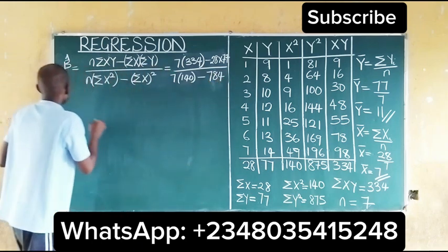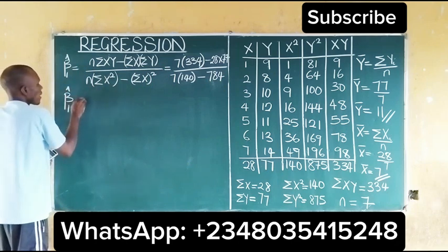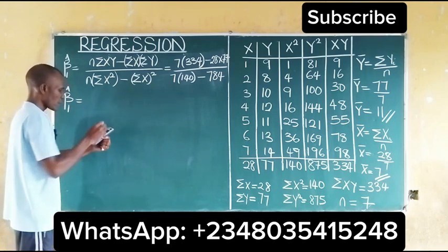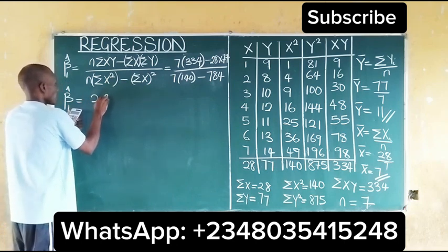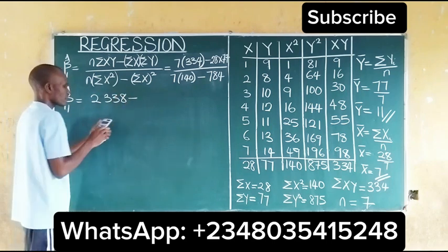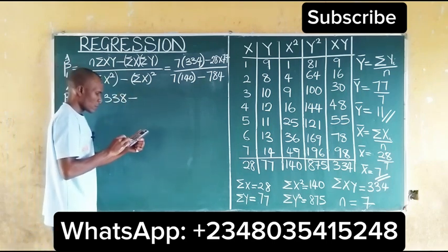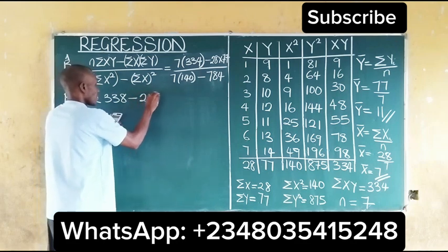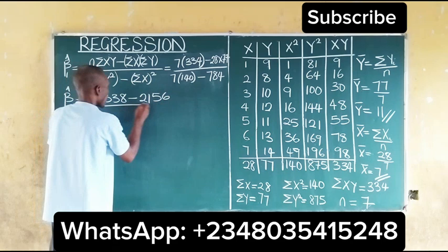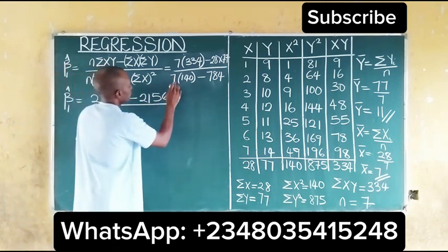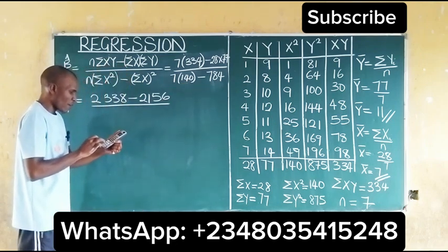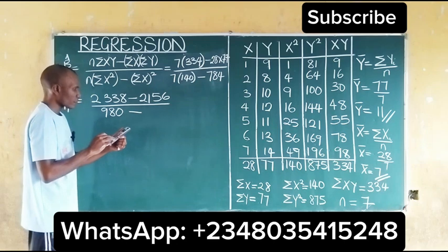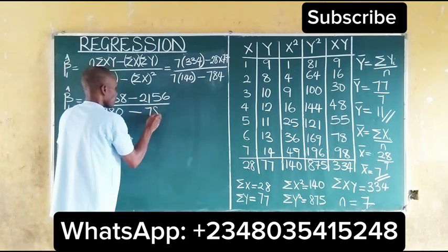So we have 784. That means that our B1 estimate will now be 7 multiplied by 334, which is 2338, minus 28 multiplied by 77, which is 2156, all over 7 multiplied by 140, which is 980, minus 784.